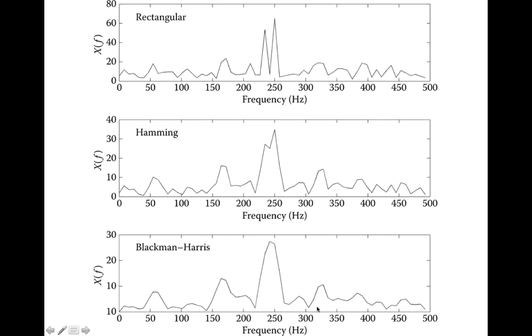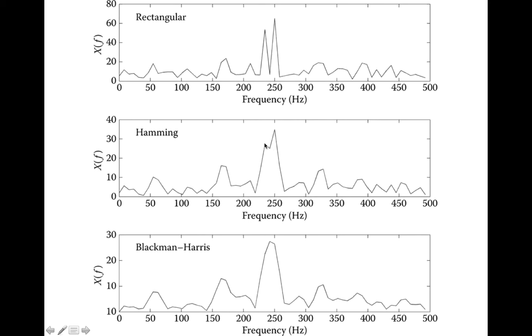So here's an example then of what the frequency spectrum of that signal or a similar signal would look like. In this signal, we clearly had a couple of sinusoids, and then we had what was most likely some noise. So what you find is that with the rectangular window, the peaks are very well reproduced.